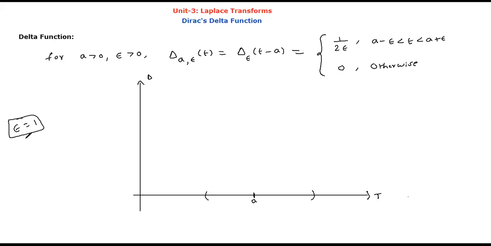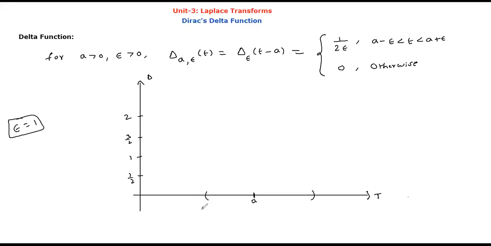When epsilon equals 1, what is delta epsilon? Delta epsilon of t is going to be 1 by 2. Substitute epsilon here in the function, 1 by 2. So let us take this as 1 by 2, this is 1, this is 3 by 2, this is 2 and so on. For epsilon equals 1, delta epsilon is 1 by 2 into 1, which is 1 by 2.